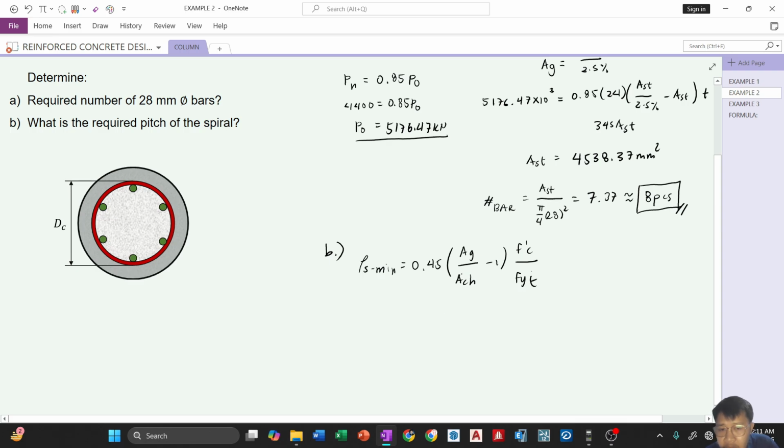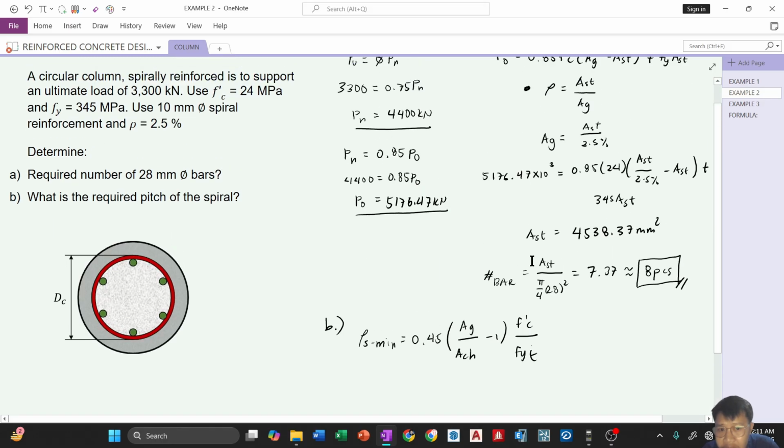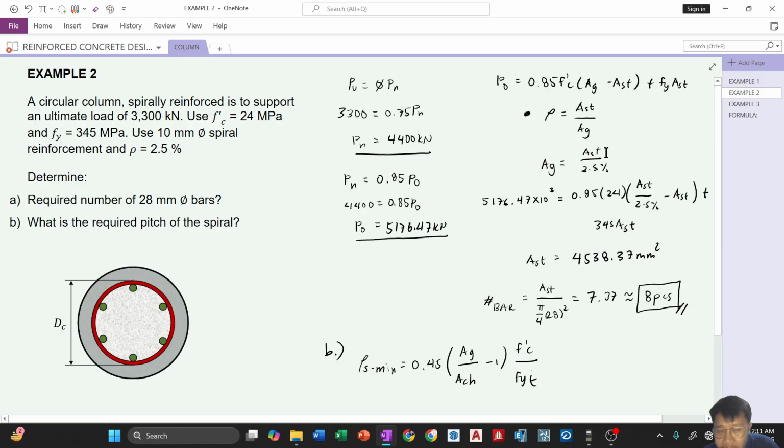Fyt. Okay, so meron na tayong gross cross-sectional area. Makukuha na natin yan actually using this formula. AST divided by 2.5%. Now, what about yung area ng concrete core natin? Okay, so we have here the figure, no? Yung diameter core is actually the diameter of the outside tie reinforcement.